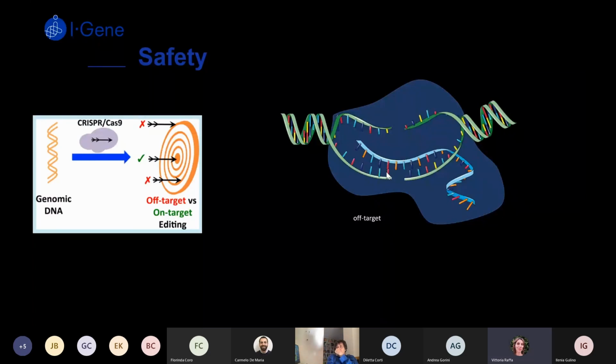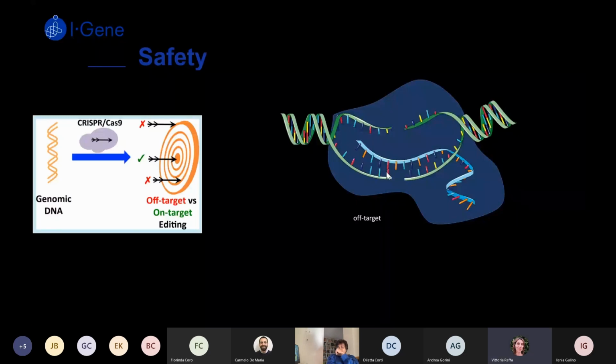So this is an off-target event. This means that the molecular scissor is cutting another sequence in the human genome, similar but not identical to the target, differing by, for example, one or two base pairs. This is very toxic and dangerous for the organism because it is an unwanted cut.